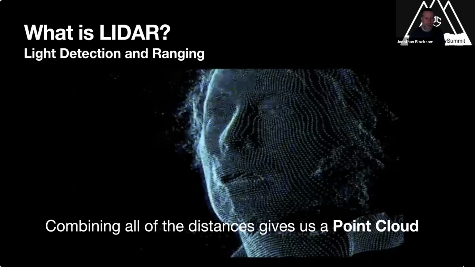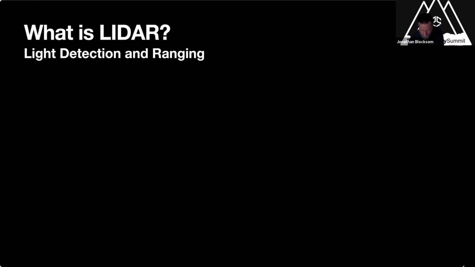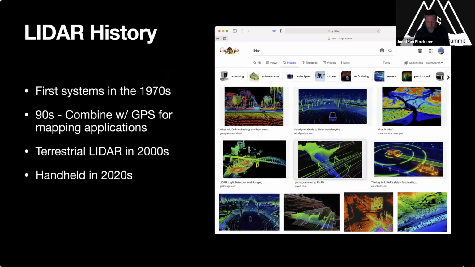So we create these point clouds with LiDAR, and that's kind of the basics of the technology. It's been around actually since the 70s. If you think about technology back then, lasers were pretty expensive, pretty big. It's not the sort of thing that could fit in your pocket by any means.